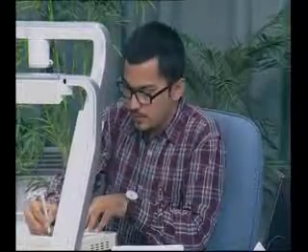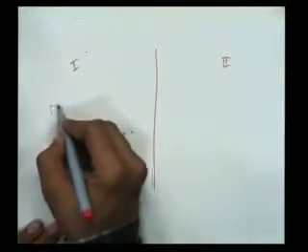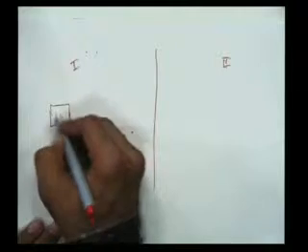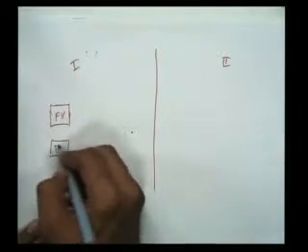Now if I am drawing my first angle, then I'll show it on paper. So in first angle I have my front view, then below that I have my top view.